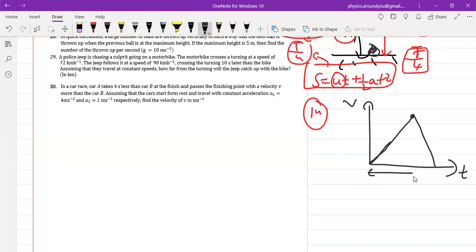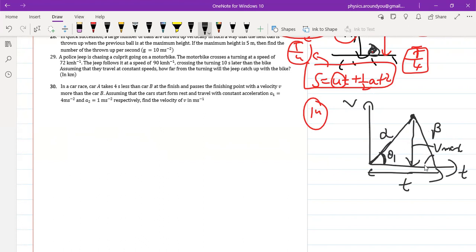This total time is given as t. Acceleration is alpha, deceleration is beta. How will you find the maximum speed? Isn't the maximum speed the height of this triangle? Vmax. Alpha, acceleration. Acceleration is the slope of VT graph.